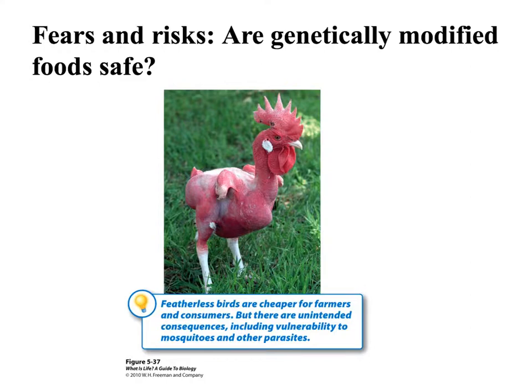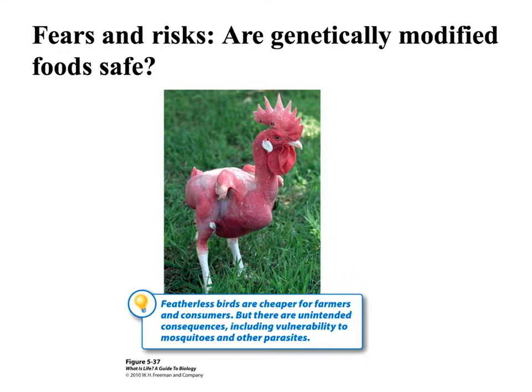It's important to note, though, that GMOs produced with new biotechnologies are not the only ones that have had problems. This featherless chicken was bred using artificial selection. The bird was bred to be cheaper for farmers to raise and therefore cheaper for consumers to buy.